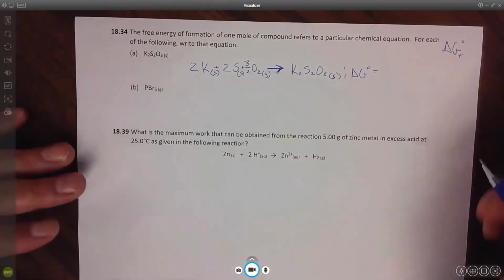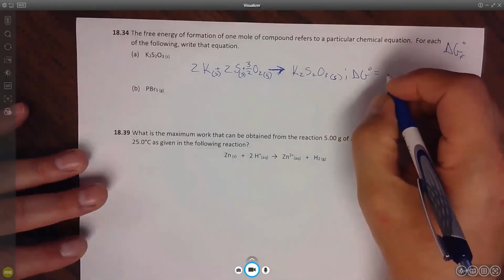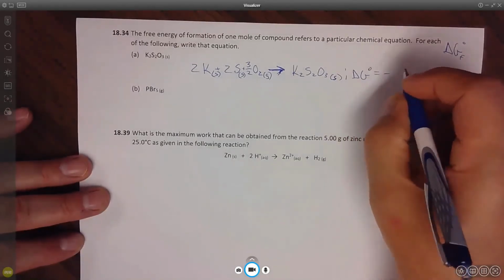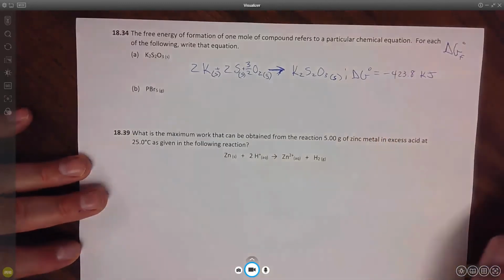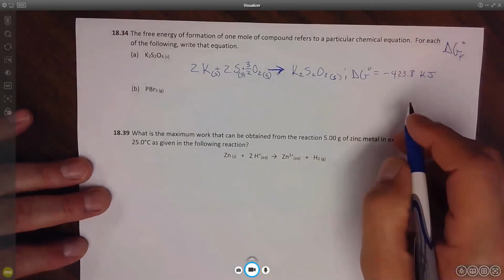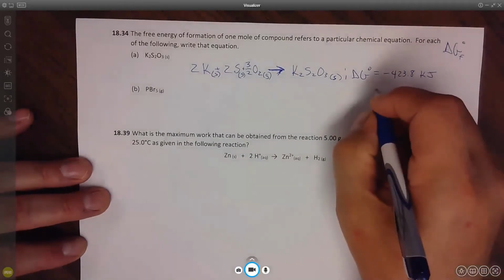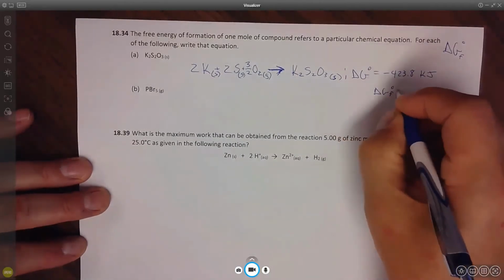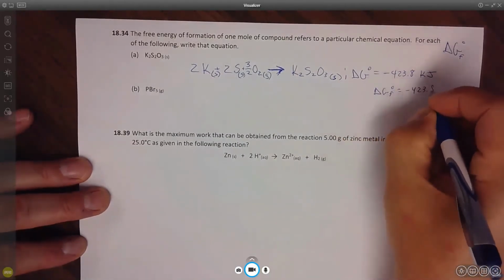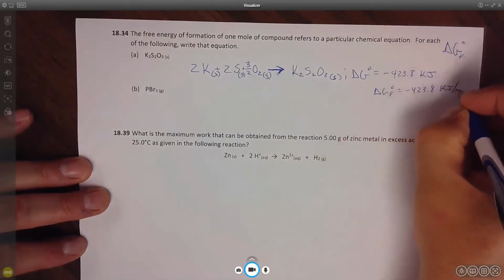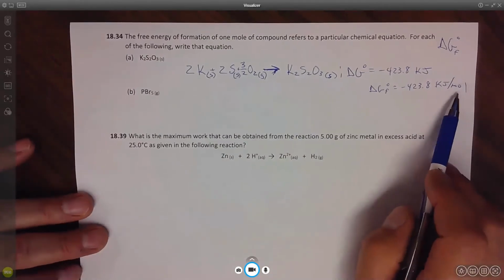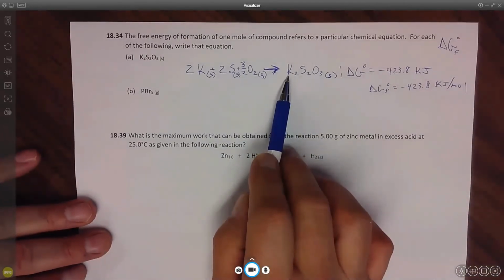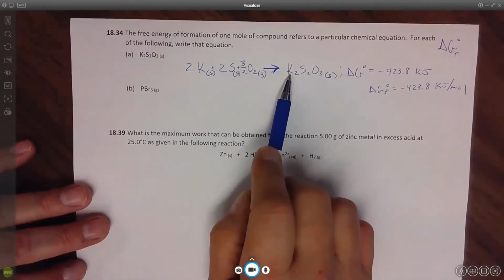I don't know the value offhand, but let's say it's negative 423.8, and it would be kilojoules. Now, when you looked it up in the book, it would look like negative 423.8 kilojoules per mole. And again, the reason they're giving it to you per mole is because it means for the formation of 1 mole of that particular substance.